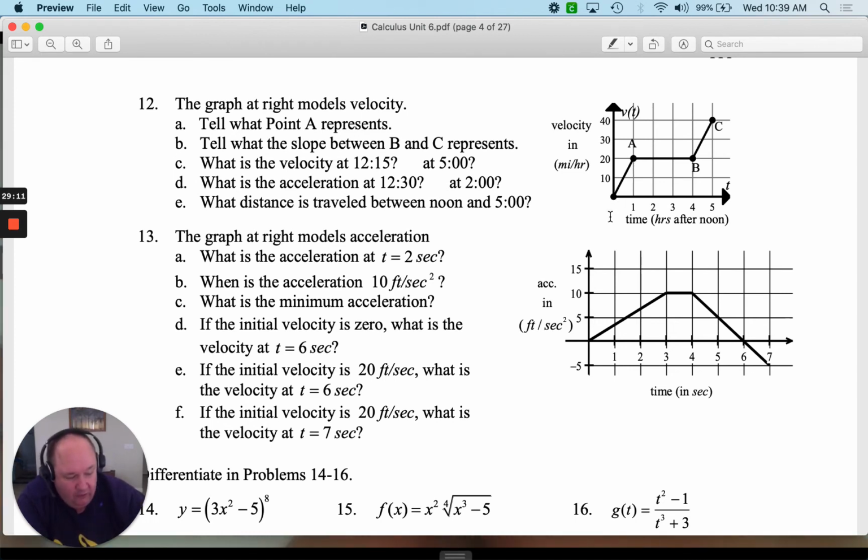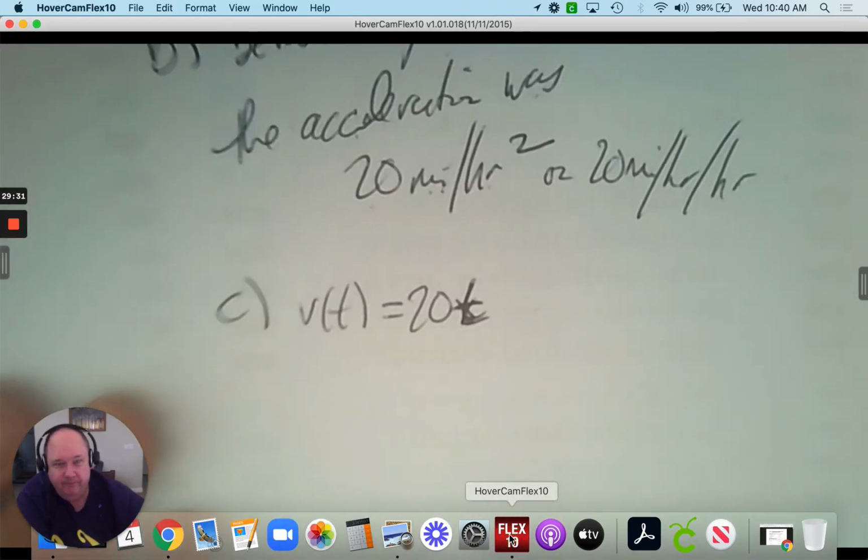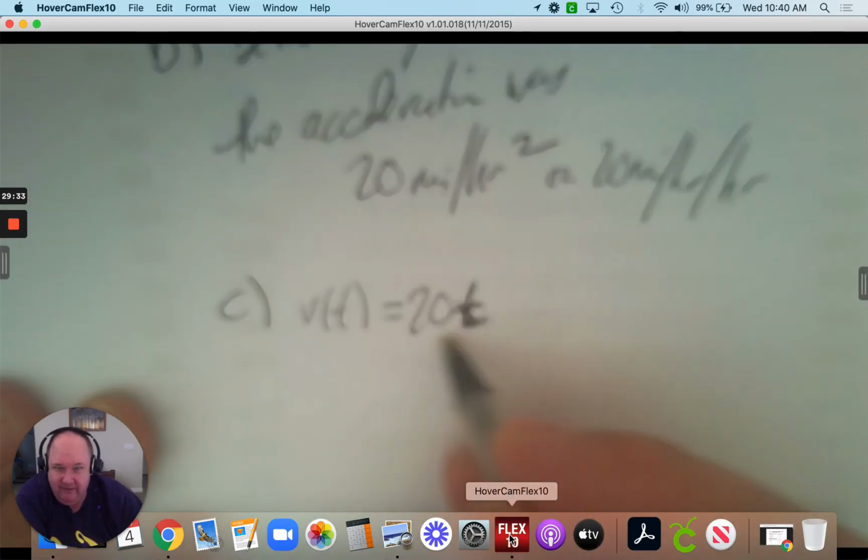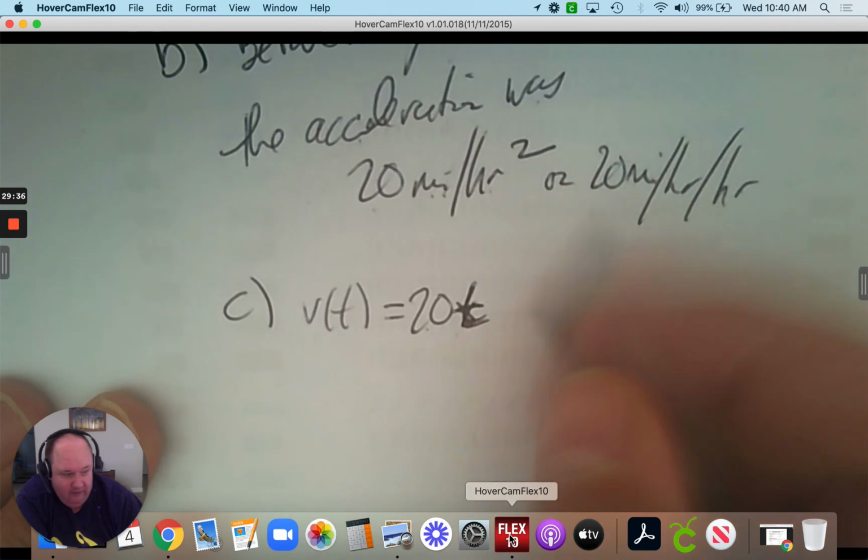So the slope is 20, so it's 20x. 20t. So we're using t. So the slope is 20, the y-intercept is 0, so it's 20t, because it's mx plus b, and b is 0.